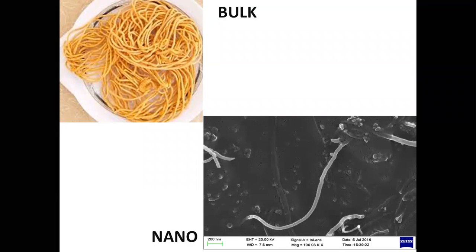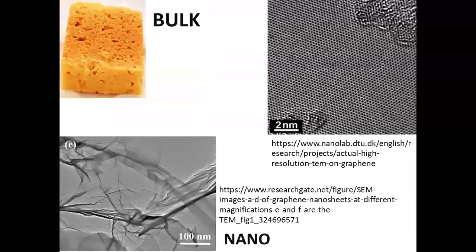The karra has one dimension in centimeters and the remaining dimensions in millimeters, so it still comes under bulk. But in the carbon nanotube, two dimensions, either X or Y, are in nano, and in one direction it is in microns or millimeters. That is the carbon nanotube, a 1-dimensional nanomaterial.